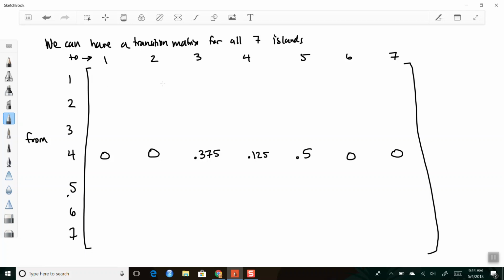I flip a coin, and if it lands heads with probability equal to 0.5, I will propose island 2, and I will go to island 2 for sure, right? And then it could land tails with probability 0.5, okay? And if it lands tails, I would propose island 0, okay?